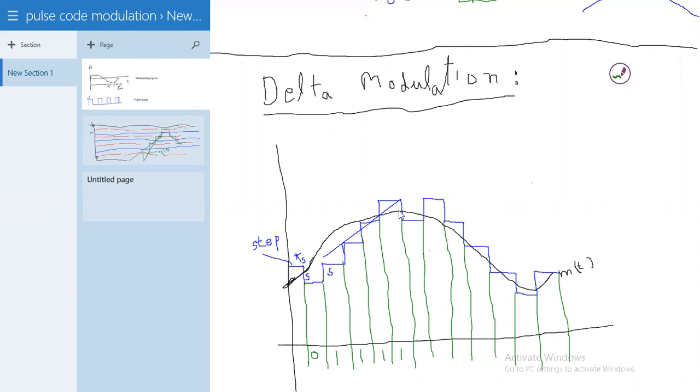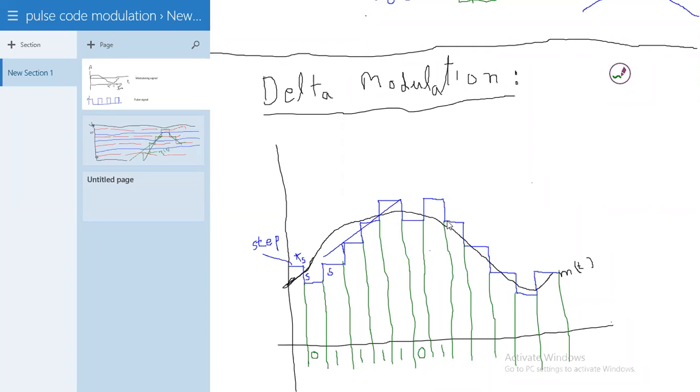Then here the step signal is greater than the modulating signal, that means the step size is decreased and stays Ts seconds. Here the step size is decreased, so you put 0. Again the step size is increased, that is 1.